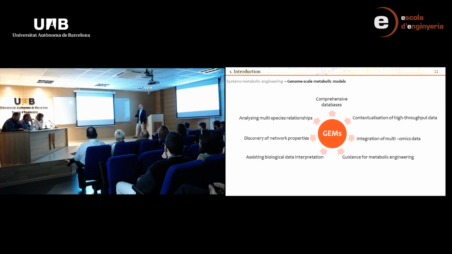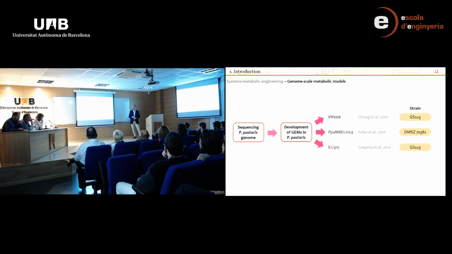Moreover, we can use the models for discovering network properties such as pathway redundancy, alternative pathways, and so on. And finally, we can also use them for analyzing the multi-species relationships by comparing the network topology. In the case of Pichia pastoris, there were 3 different genome scale metabolic models available previous to this thesis.